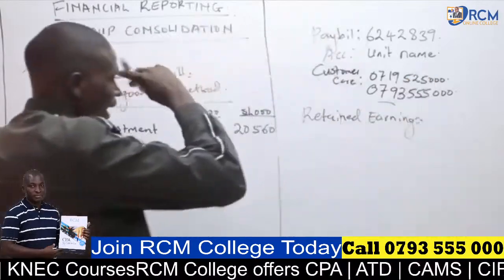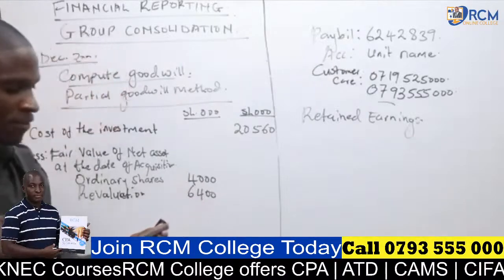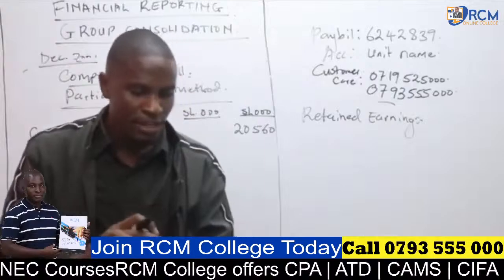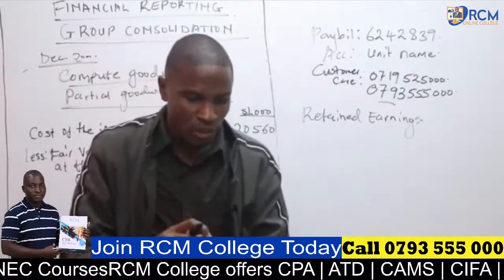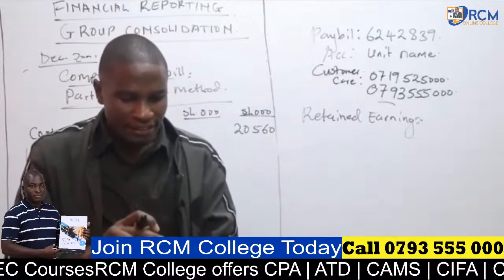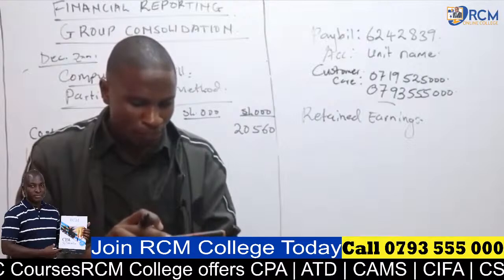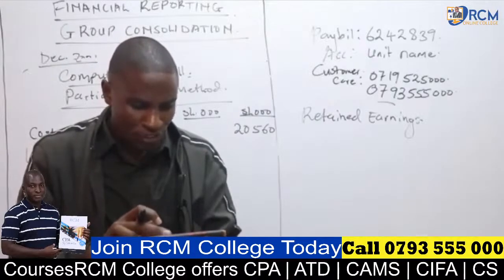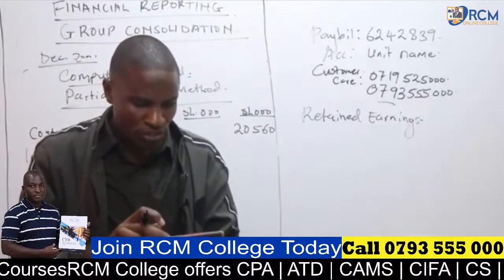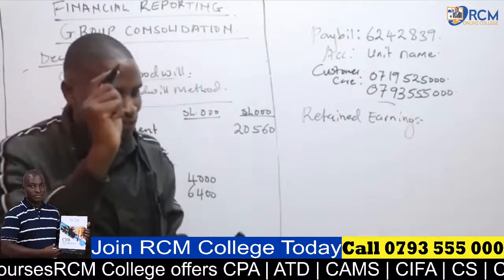So under this class, the first thing that we are appreciating is that we have retained earning in our balance sheet. And then I can see the profit in the income statement, tuko na profit for the year.